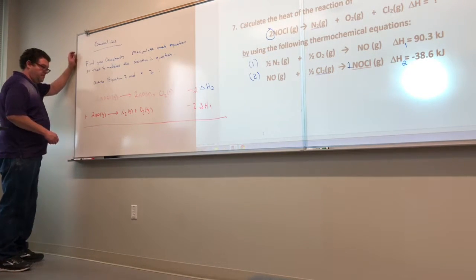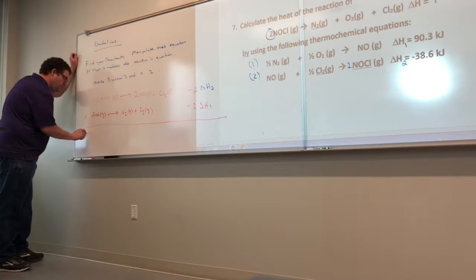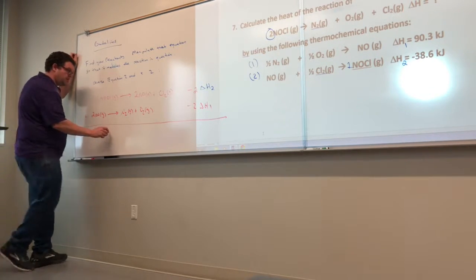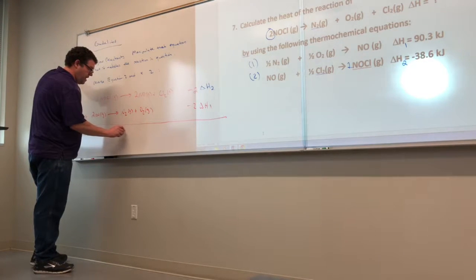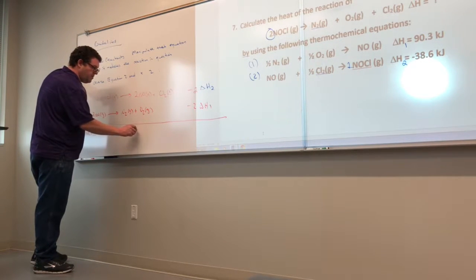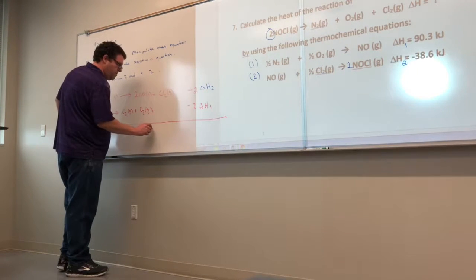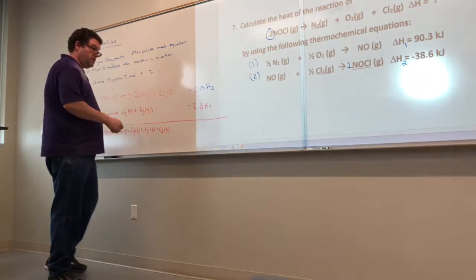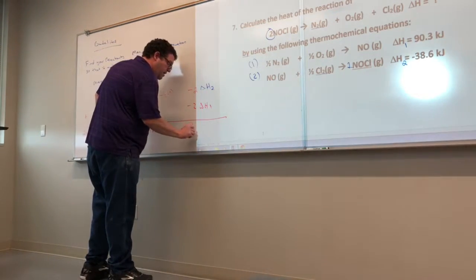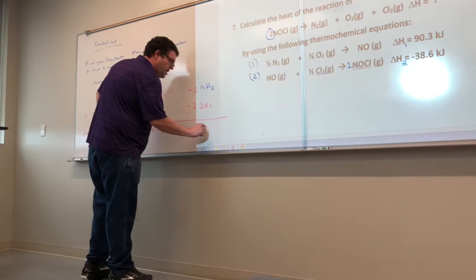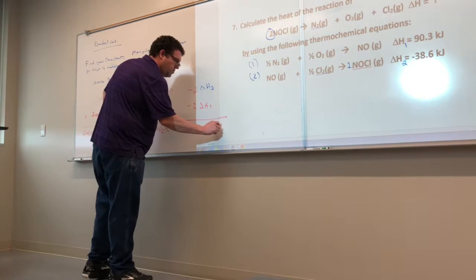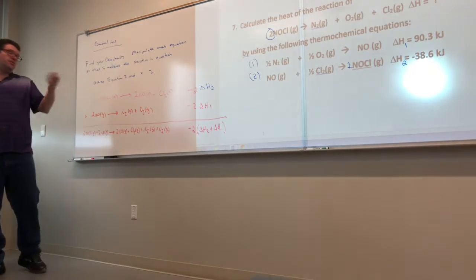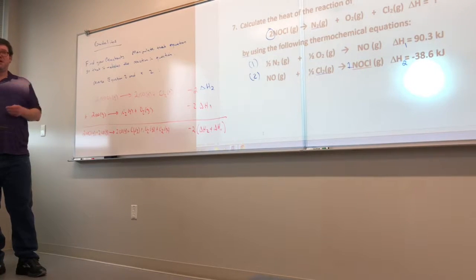So what does that give me? I've got 2NOCl gas plus 2NO gas goes to 2NO gas plus Cl2 gas plus N2 gas plus O2 gas. And I need to add those two things together. So that's going to be -2 times the sum of delta H2 plus delta H1. Okay, so I just made it easy to put those numbers in your calculator and hit enter.